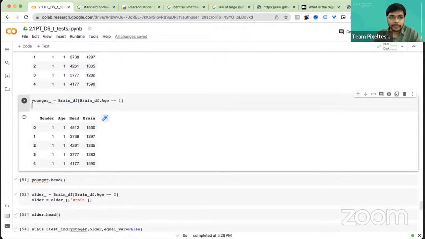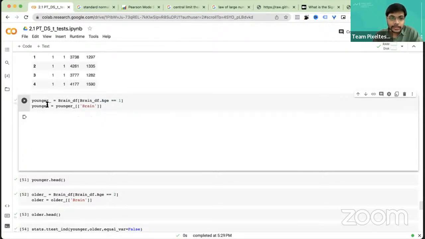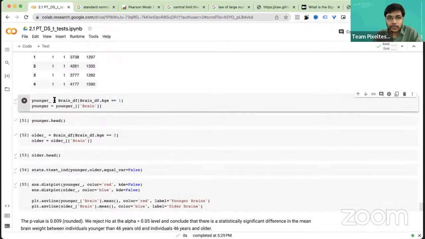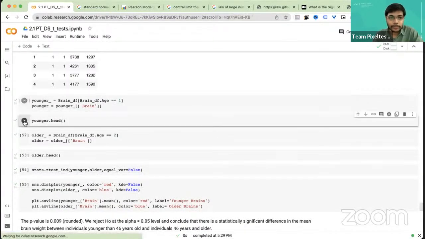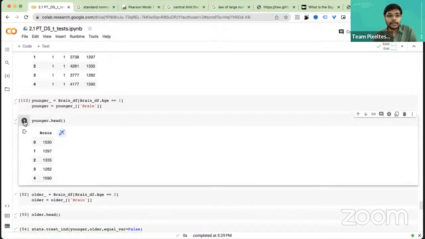then there's another command, now this was younger underscore. What we have done is we don't require all the other inputs. We are only going to use the column brain, right? So we create another data set, younger equal to younger underscore only brain. Now if I get this particular data set, you can see that we only have one column, right?